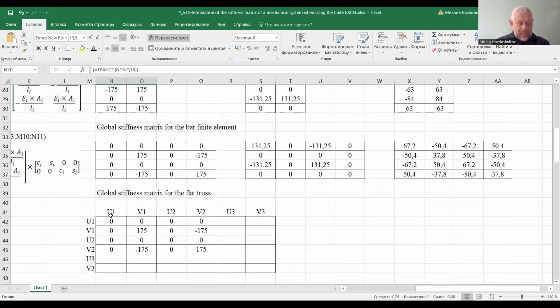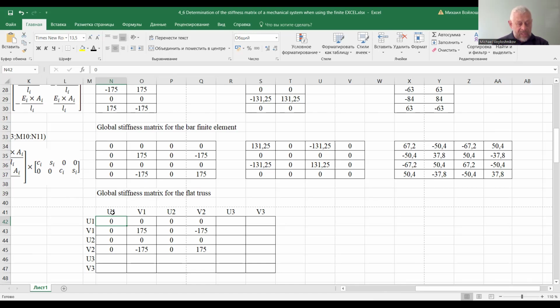So to make the global stiffness matrix, we have to locate the stiffness matrix in the global coordinate system of this first finite element in the cells corresponding to the first node, and first is U1, V1.